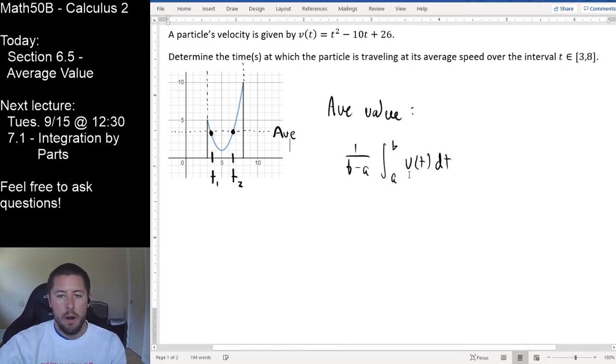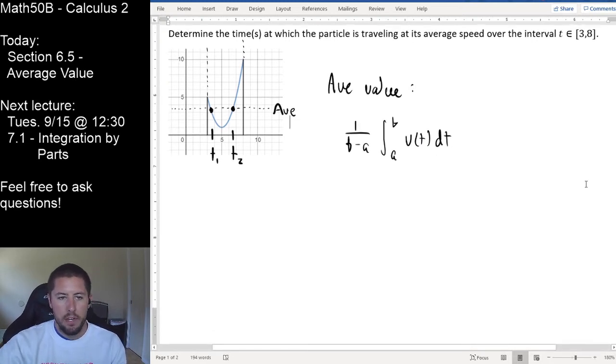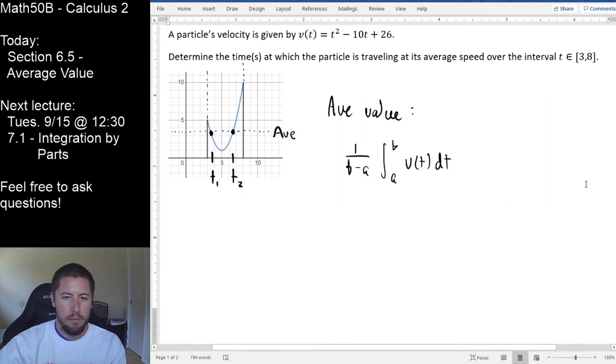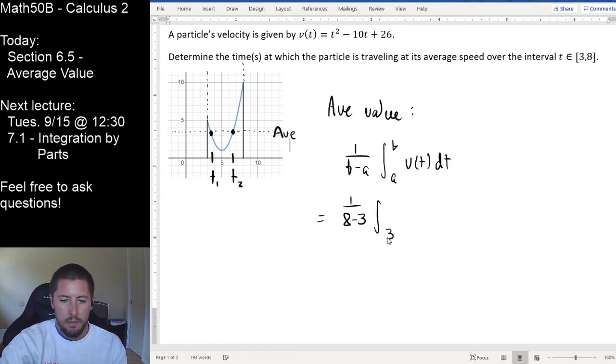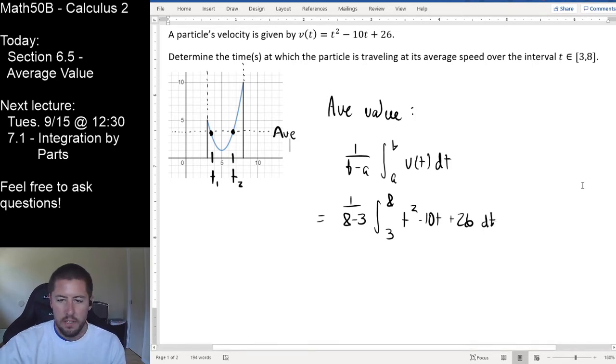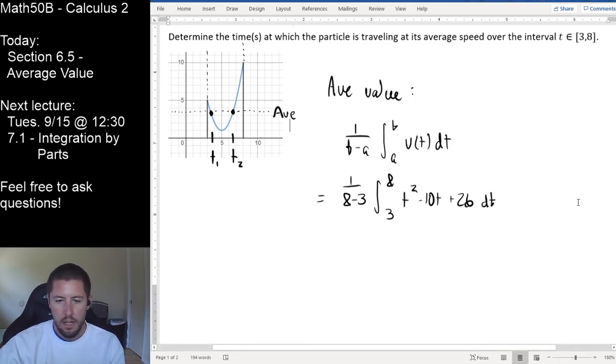We can fill out all of our parts here. We've been given an upper bound, we've been given a lower bound, we've been given a function of interest. And so it looks like here, 1 over 8 minus 3 times the integral from 3 to 8 of t squared minus 10t plus 26. I think I've made a nice bit of fraction annoyance for us to come up with here, so we'll get to deal with that in a second.